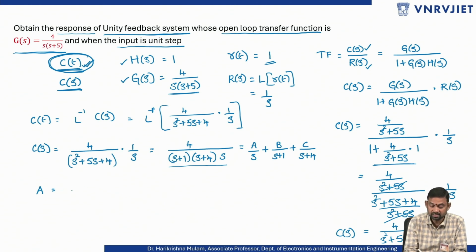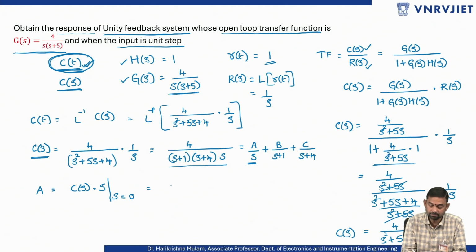In order to find A, the original expression is C(s) into s, since it is A by s, therefore this s needs to be considered, and for this s term the root is s equal to 0. Therefore, A can be found from C(s) into s when s is equal to 0.